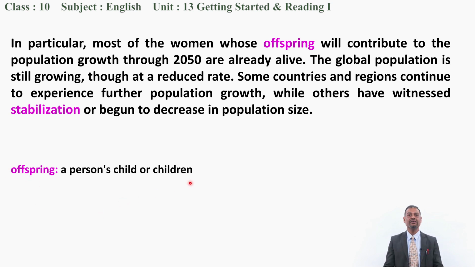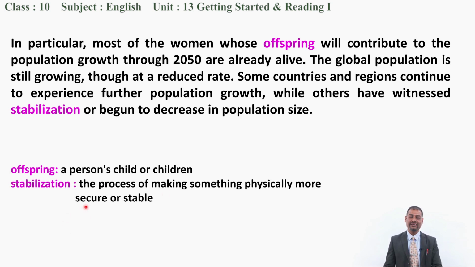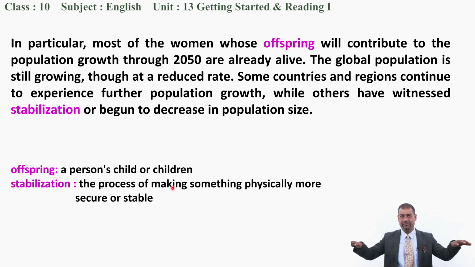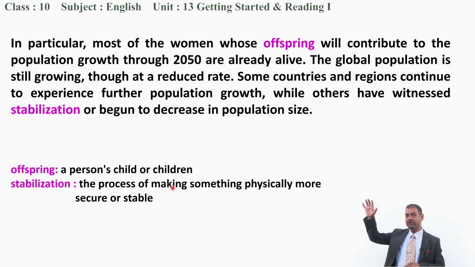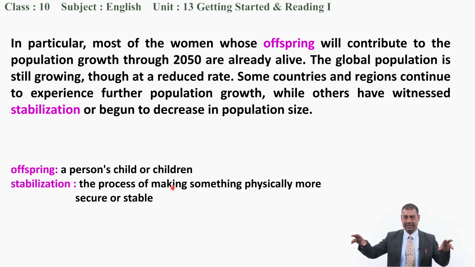Child or children, you know. Then another word, stabilization. So what does it mean? The meaning of this one is the process of making something physically more secure or stable. Now you can find it remaining the same, neither going up nor going down, or there can be a slight trend of going up and down, but that does not seem very much.